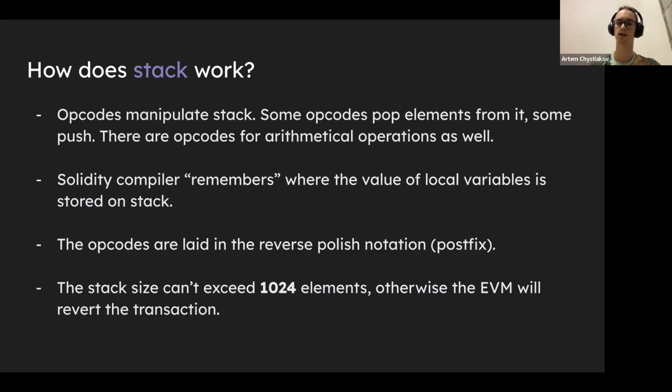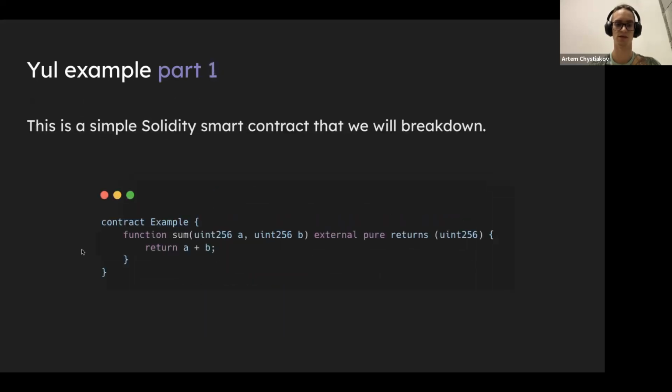So in some way, this might be thought of as sort of magic. How does the Solidity compiler remember all those local variables? How does it understand that variable A is here and variable B is there, and that variable A is on the top of the stack, and variable B is right beneath A in the stack?